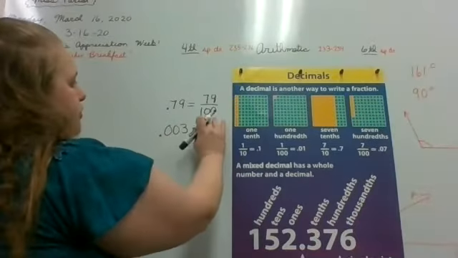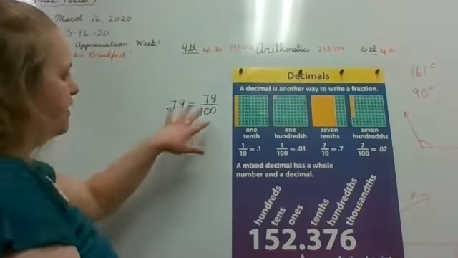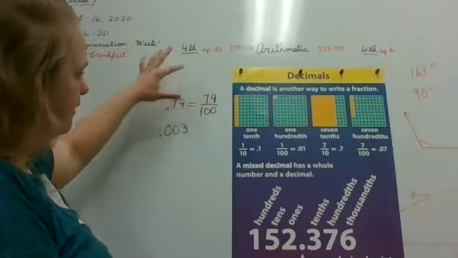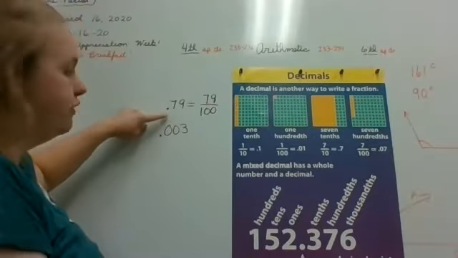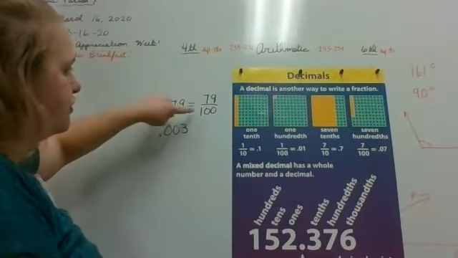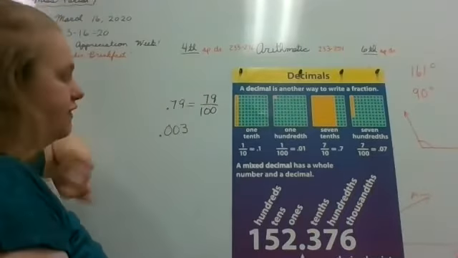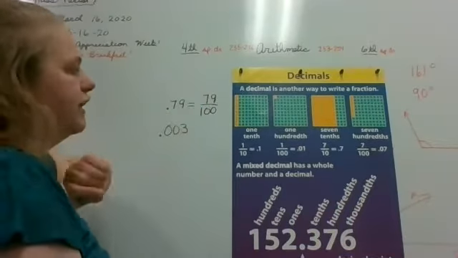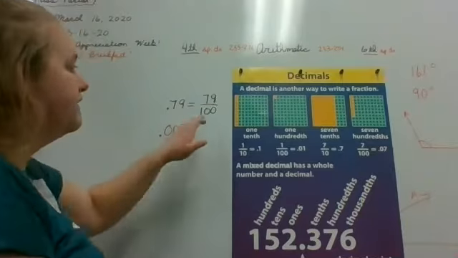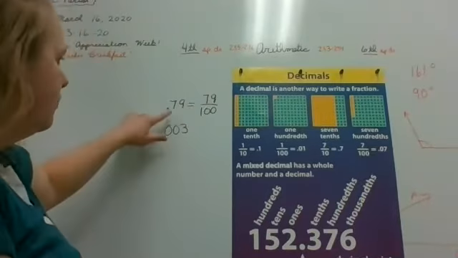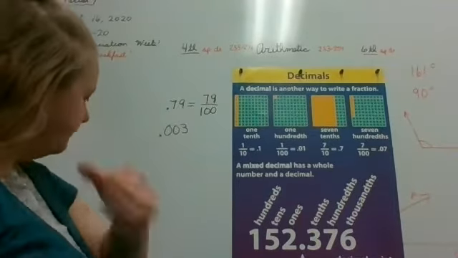You notice that we've got 2 zeros and 2 digits up here, so that we didn't have any placeholder, we didn't have any zeros up here to show that we had more zeros than we had numbers in the top. So 79 over 100 is our fraction for 0.79, okay?